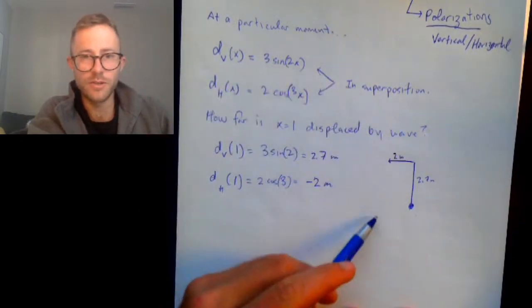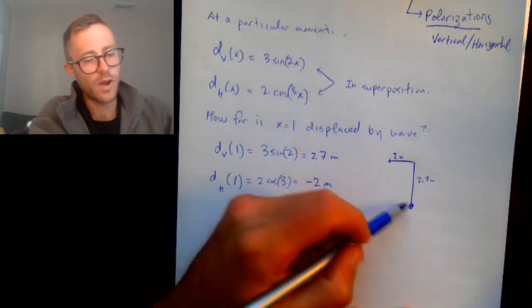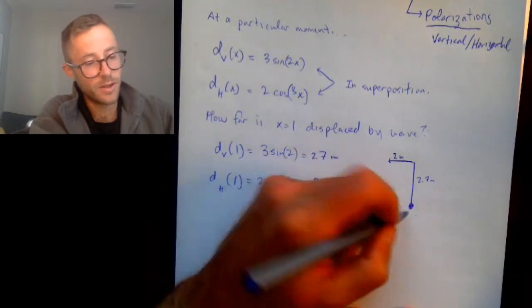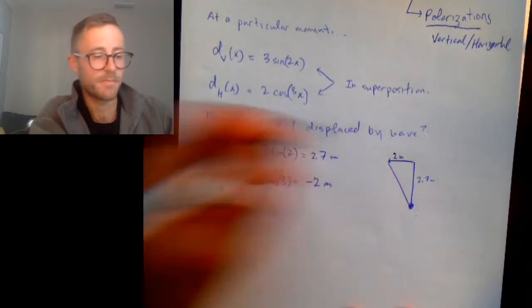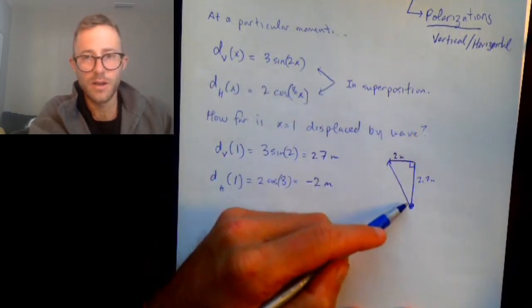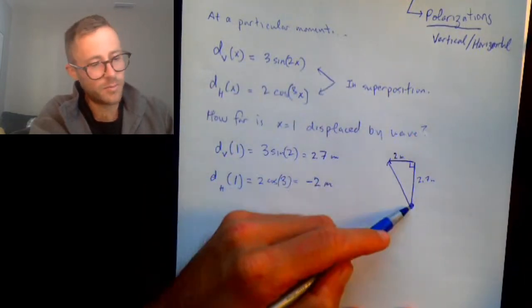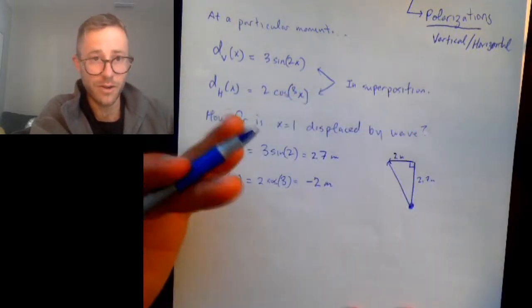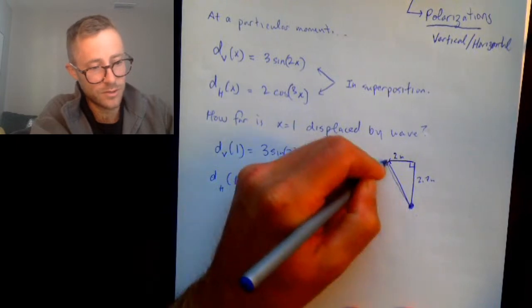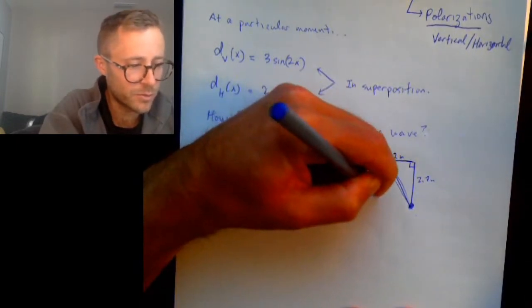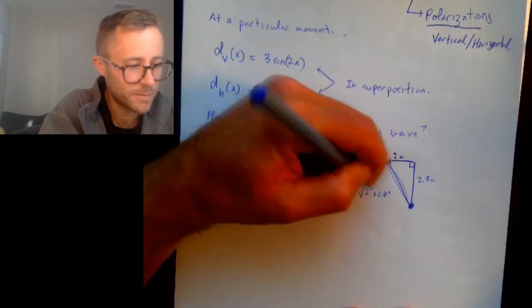Up 2.7 meters and then to the left 2 meters. So how far did this point move from where it was originally? It moved from here to here. And this is a right angle. So if I want to know how far this point is displaced, I would use the Pythagorean theorem to figure out what this distance is. Okay? So that's going to be the square root of 2 squared plus 2.7 squared.